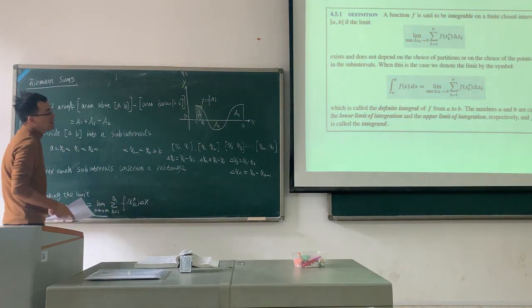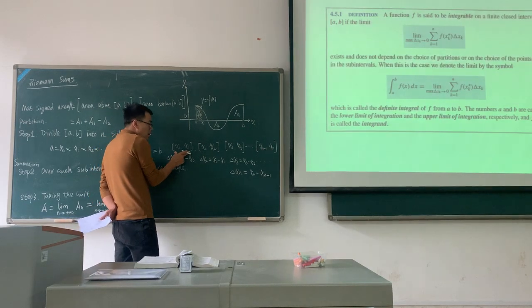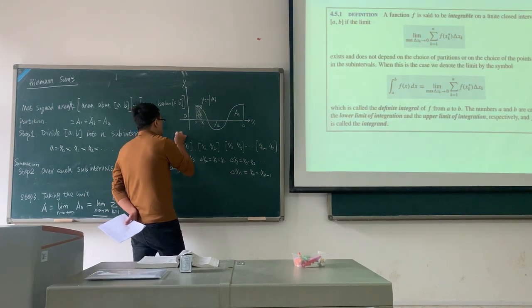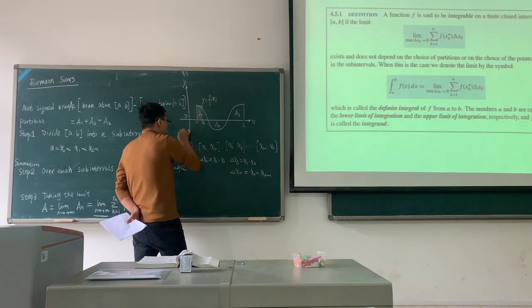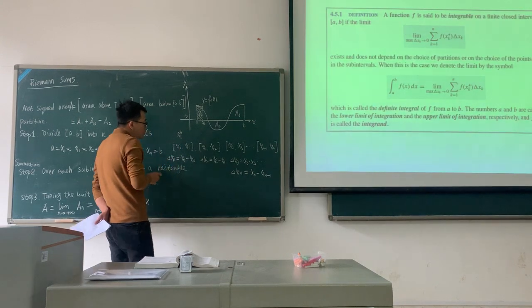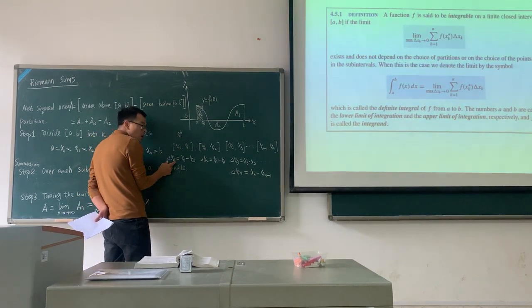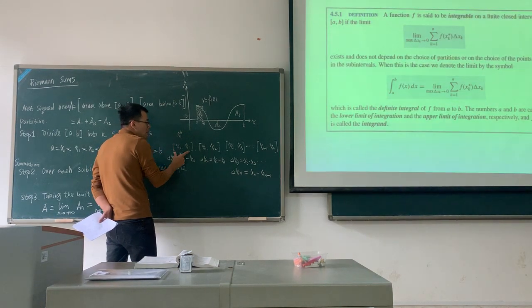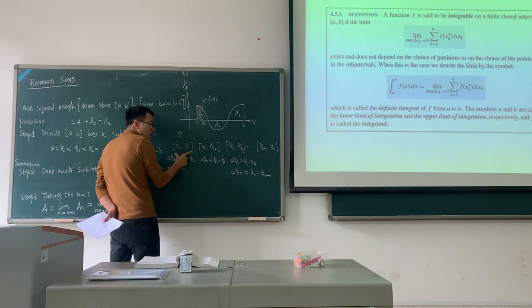For the first subinterval, we choose a point in this subinterval, for example x1 star. Here we use delta x1 as the base and f(x1 star) as the height, so we can obtain the area of the first rectangle.